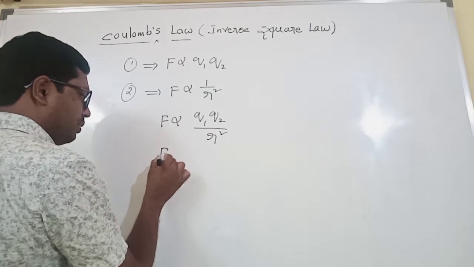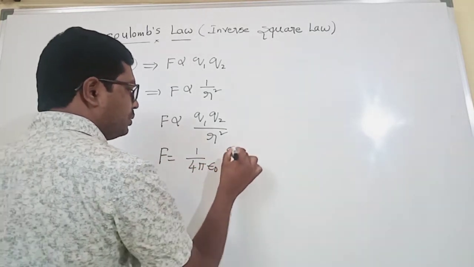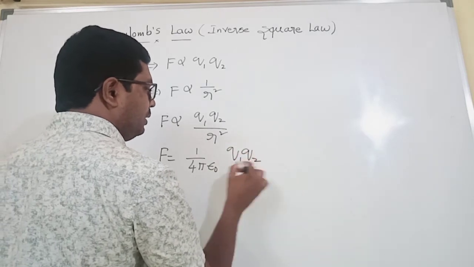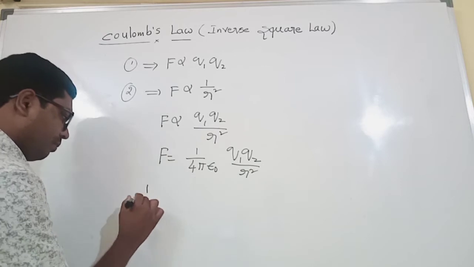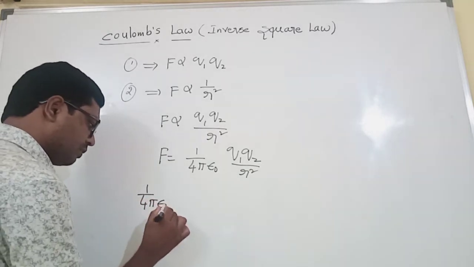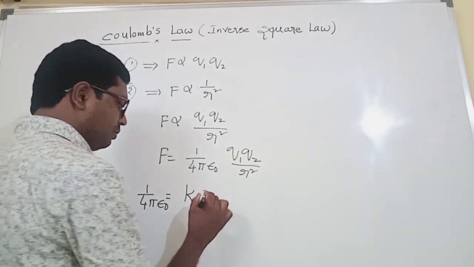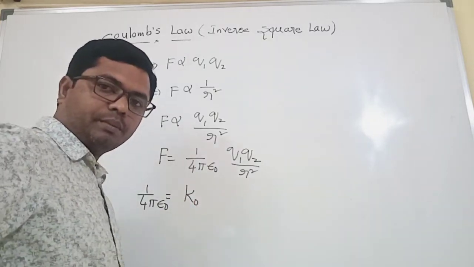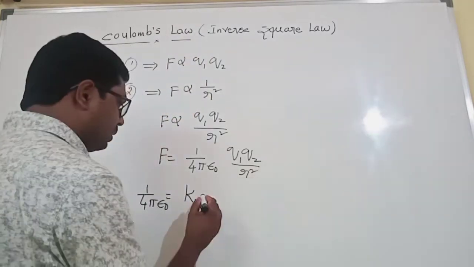That is F is equal to 1 by 4 pi epsilon naught into Q1 Q2 divided by R square, where 1 by 4 pi epsilon naught is equal to K naught, which is called the proportionality constant.